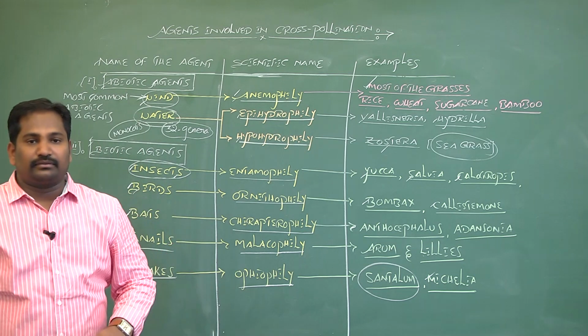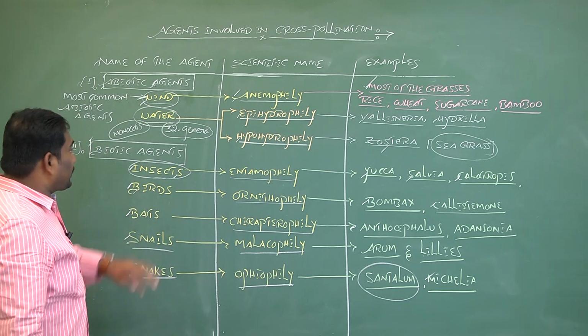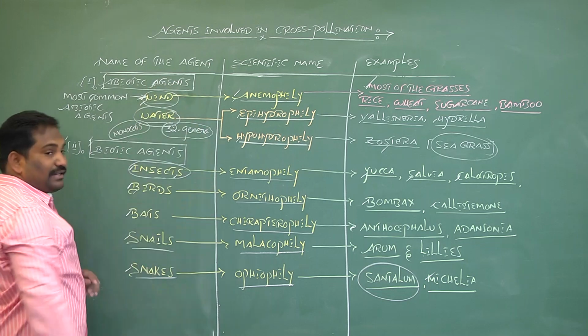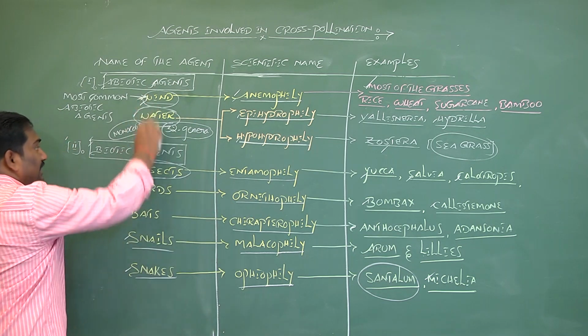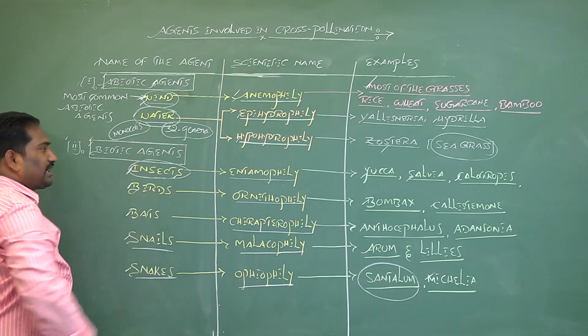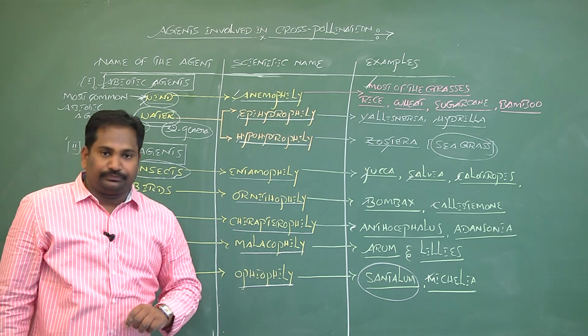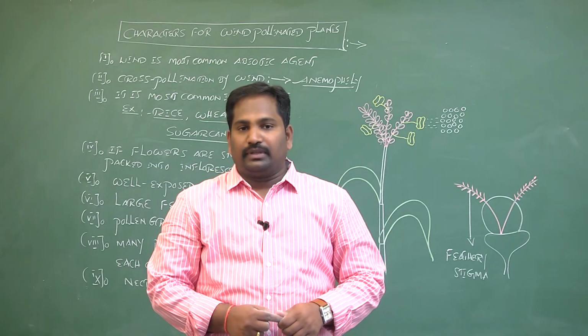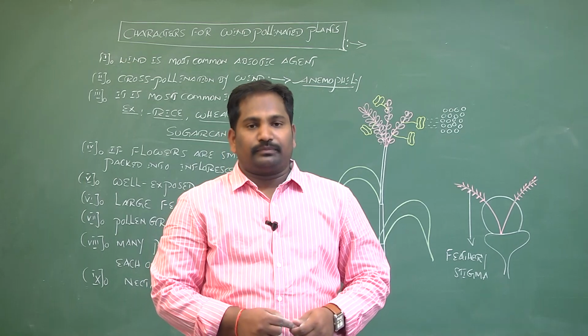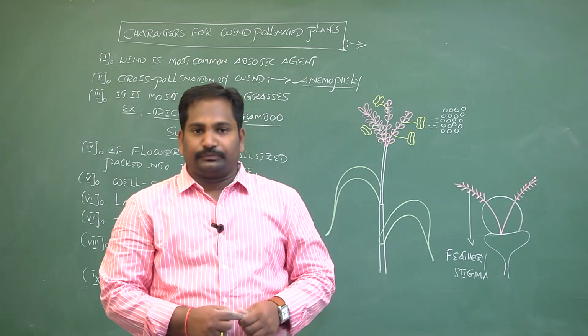Let's discuss the characteristic features of wind-pollinated plants, water-pollinated plants, and insect-pollinated plants. We discuss now the characteristic features of wind-pollinated plants or anemophilous plants.